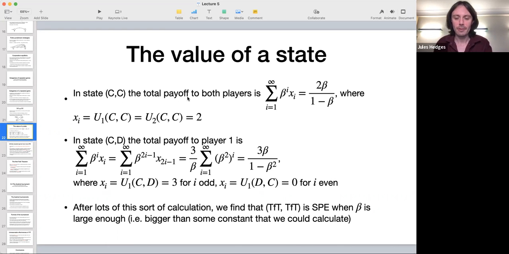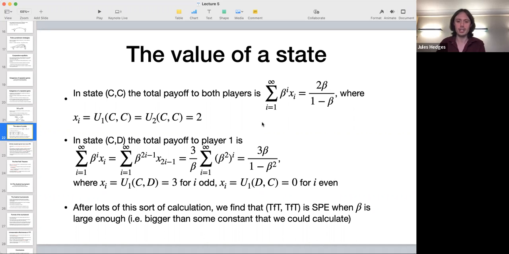Then for both players, we're going to get 2 in every round. So we're going to get 2 times the sum of this infinite series, which is this thing. And if you plug in a particular discount factor, you can get the actual answer.